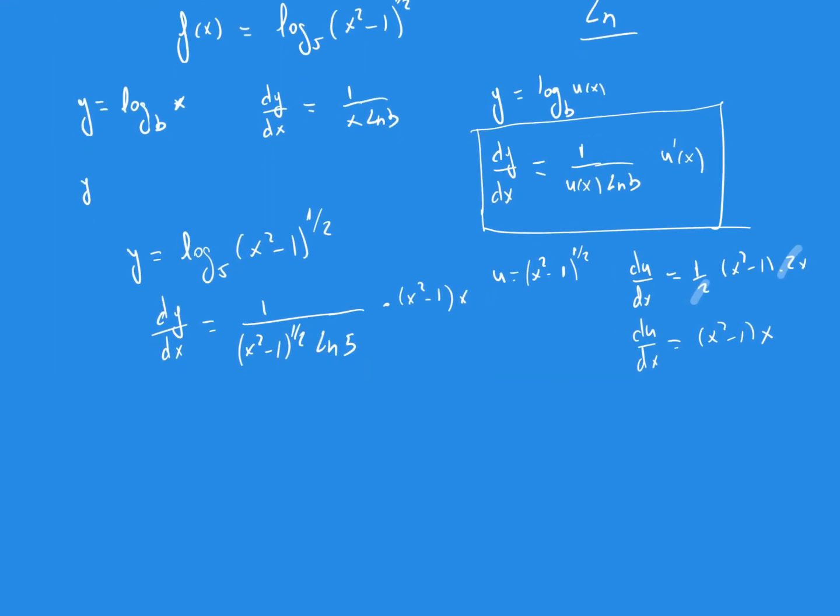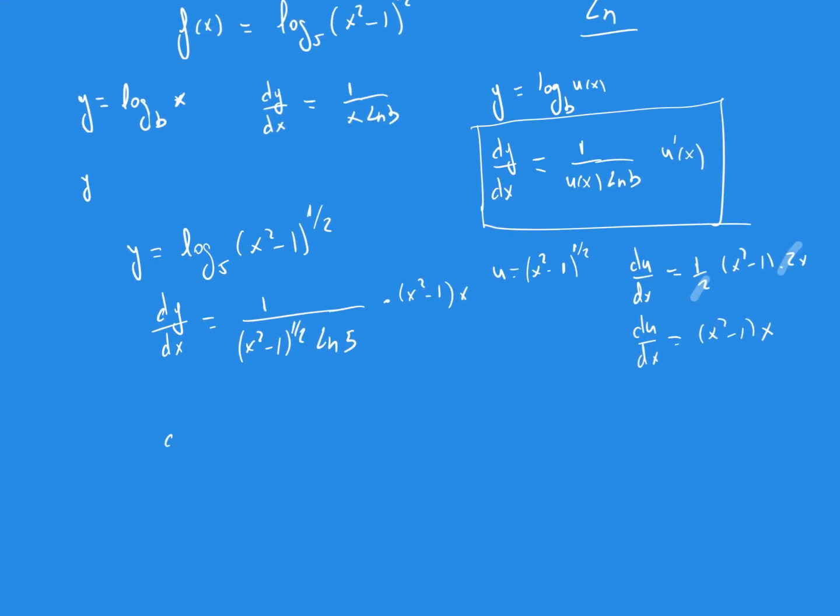As a conclusion, I have the derivative of y with respect to x equal 1 divided by x squared minus 1, 1/2 multiplied by x squared minus 1, 1/2. This is this term. Okay, multiplied by x divided by x squared minus 1, 1/2 multiplied by the natural log of 5.